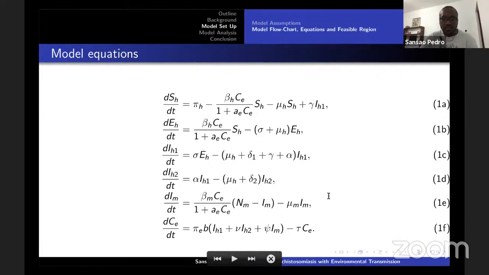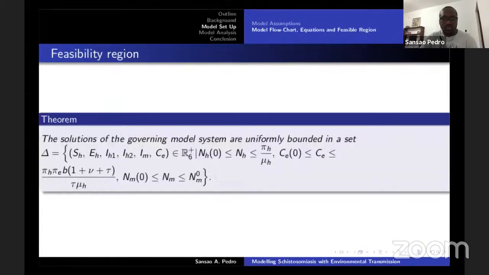Having the system, it is interesting to analyze the feasibility of the region, positivity of solutions and boundedness, because we are dealing with communities, and communities do not just blow away in numbers, but they remain at some asymptotic values. So it is interesting to determine what is the feasible region here for the existence of solutions to this system.